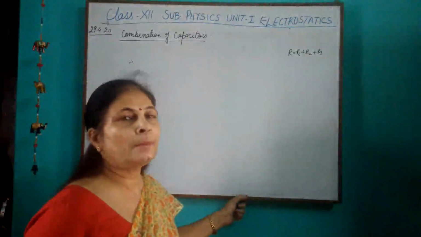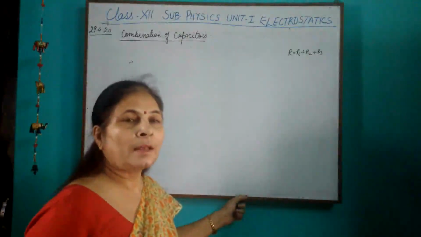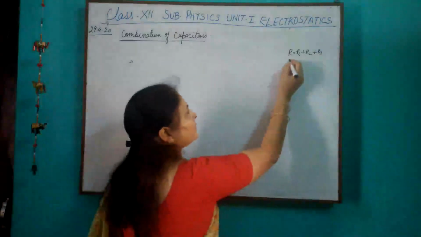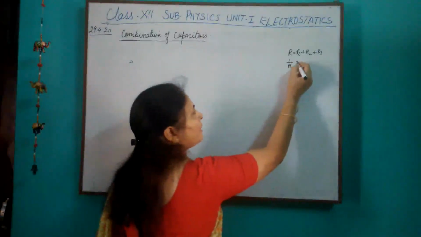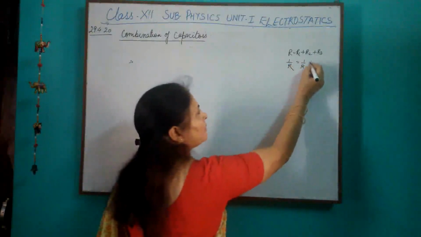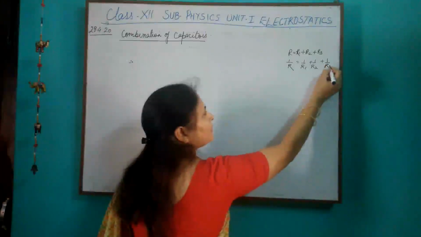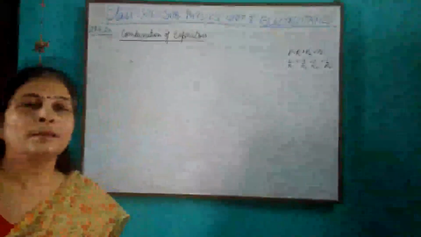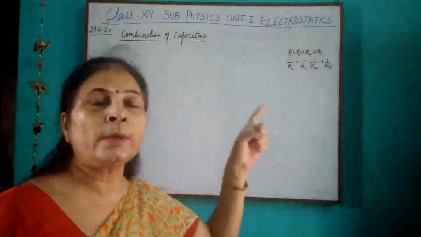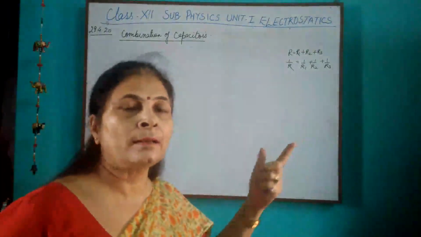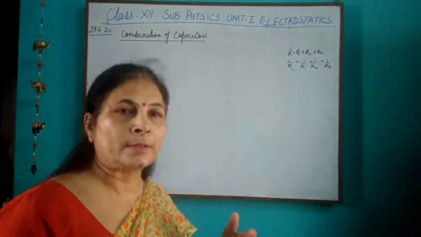And if they were combined in parallel, then the equivalent resistor was found out by this expression: 1 upon R equals 1 upon R1 plus 1 upon R2 plus 1 upon R3. This we'll be doing this year also, but now it is in unit second, that is current electricity.